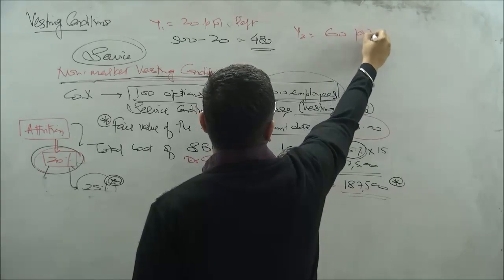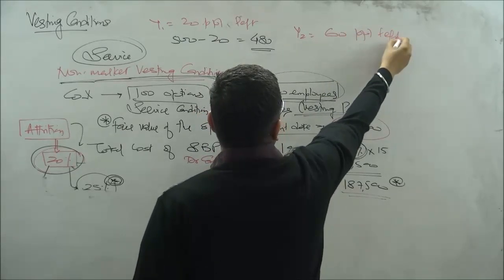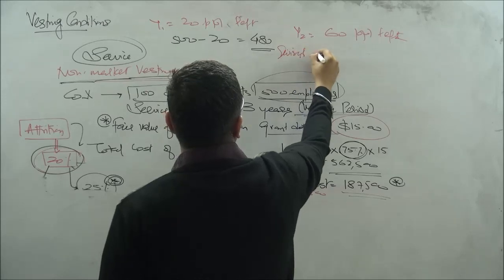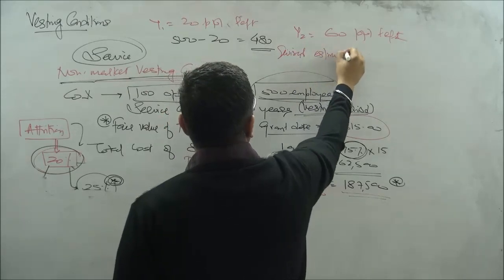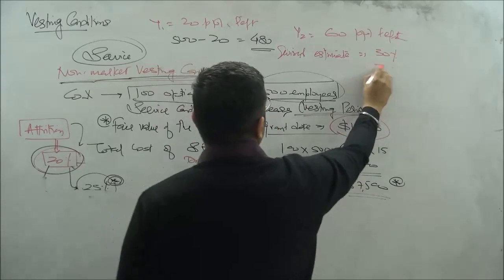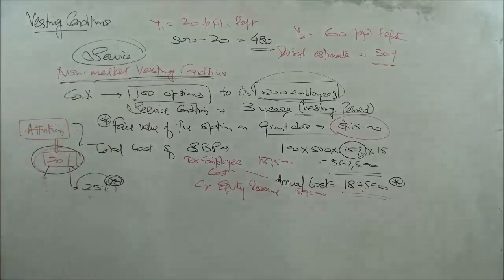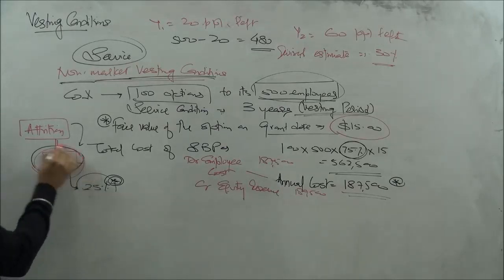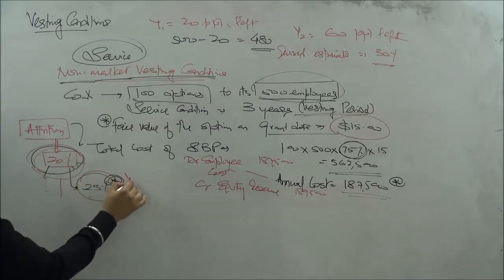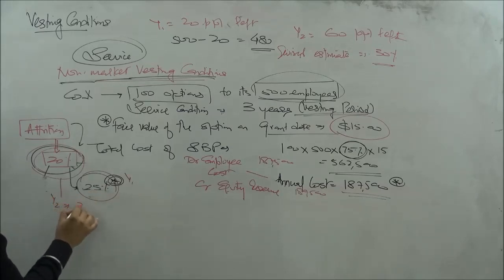60 people left. And now we are saying that the revised estimate comes at 30%. Originally we thought 20%, by year end 1 25%, by year end 2 we are saying no, it is 30%, which means what?